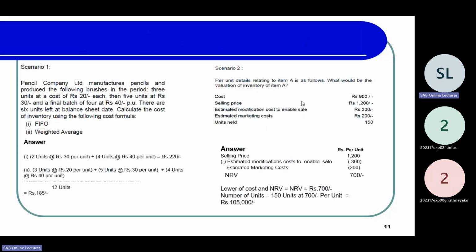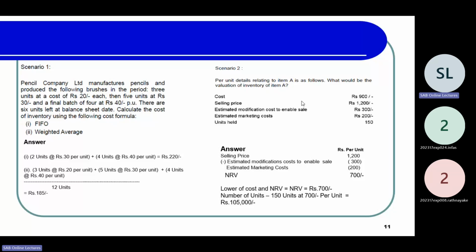There are two examples. This one is scenario one, related to the FIFO and weighted average method. Pencil Company Limited manufactures pencils and produced 3 units at a cost of rupees 20, 5 units at 30, and 4 units at 40. There are 6 units left at the end. This is how the inventory is costed. Under the FIFO method, 2 units at 35, 4 units at 45.